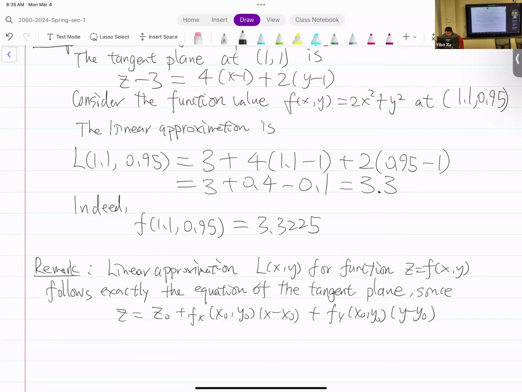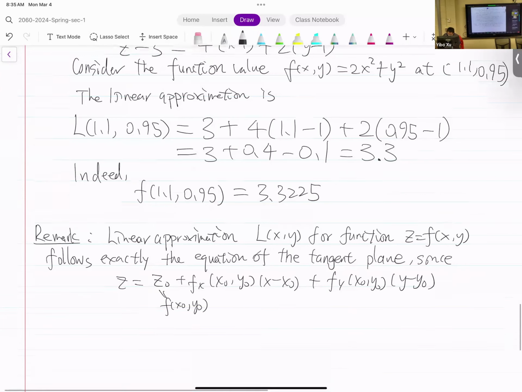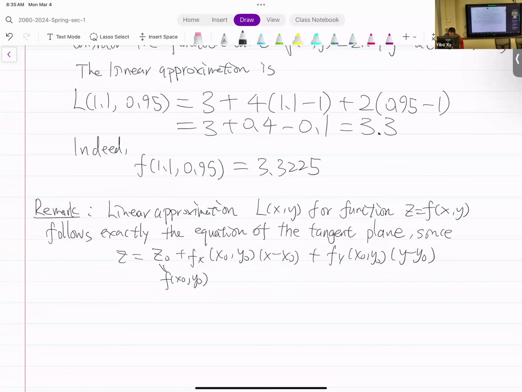This is exactly the tangent plane equation where you just move the z0 to the right hand side. Since this equation is the equation of the tangent plane.